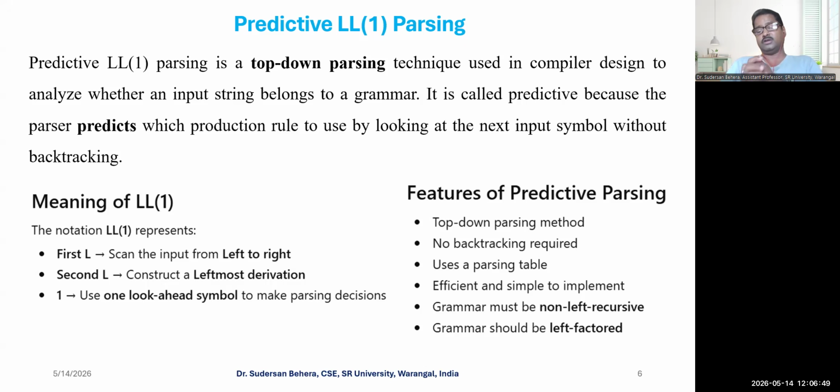This is one of the biggest advantages of this parser. It uses a parsing table. As I said, a parsing table is a data structure which holds the useful productions which can be used in future, because it predicts and stores them in the data structure called the parsing table. This parsing table is also called the M table, capital M.